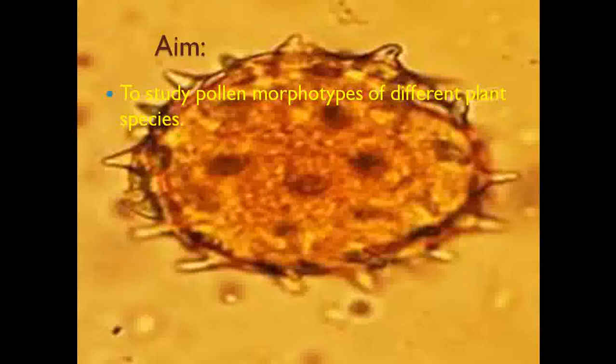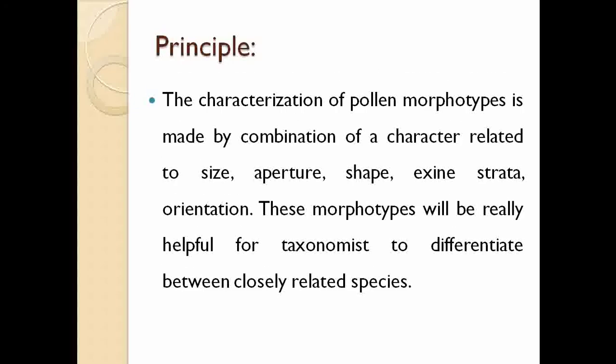Now we are moving towards the principle of that practical. What is the principle behind pollen morphotypes? The characterization of pollen morphotypes is a combination of characters related to size, aperture, shape, exine strata and orientation.